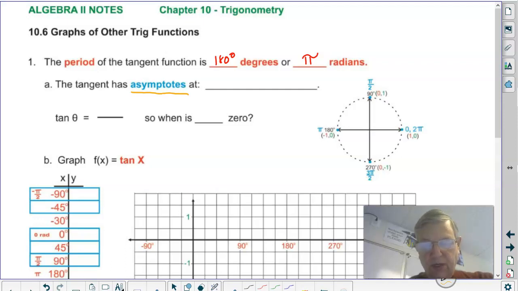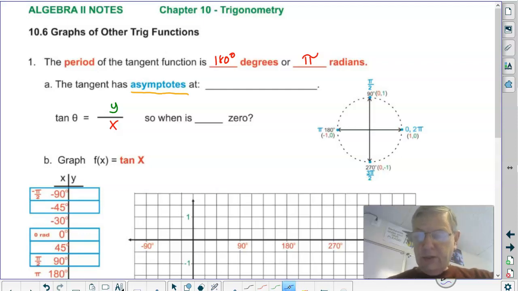So when I say what is the ratio of the tangent, I hope everybody in their head says it's the opposite over the adjacent. Opposite over the adjacent. Well, in a trig function Cartesian plane, the opposite is the y, the vertical, and the adjacent is the x. So it's y over x.